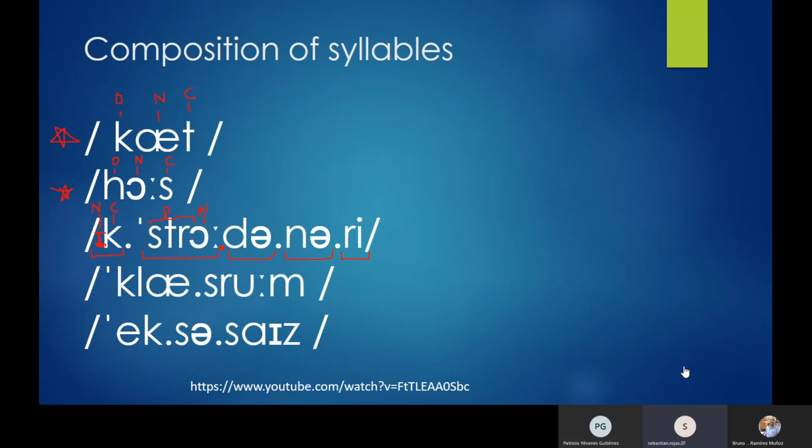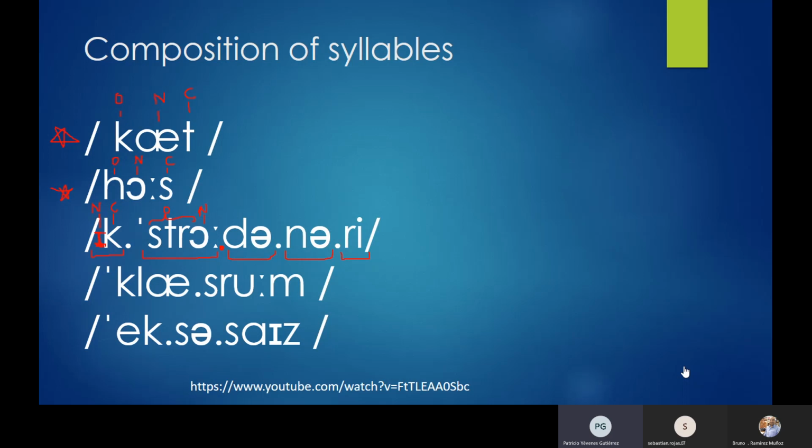Go on, Patricio. I think that the coda is like the same as the onset, but after the vowel sound, because the nucleus is always a vowel sound. It has to be one vowel sound, but it can be a diphthong too, right?